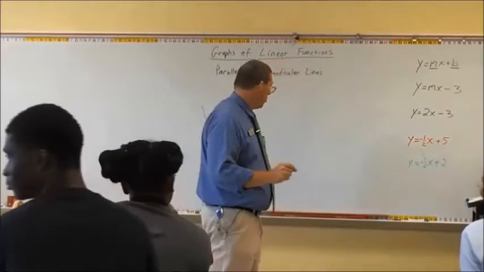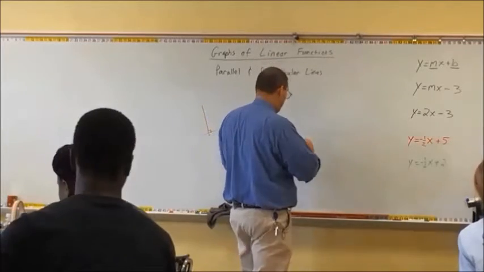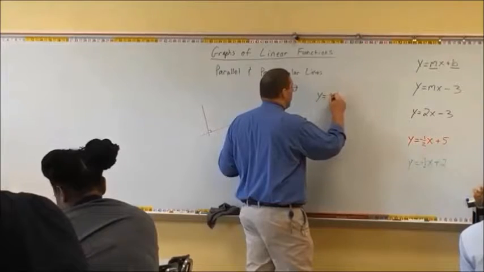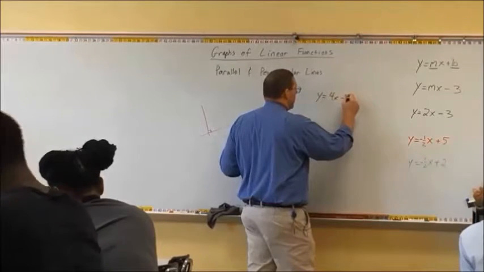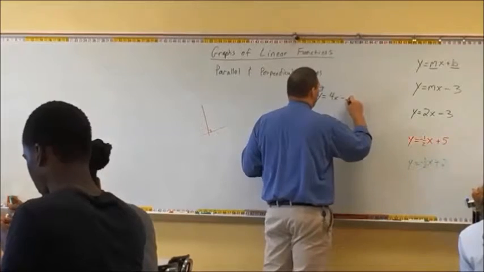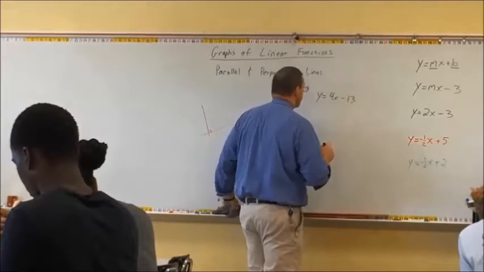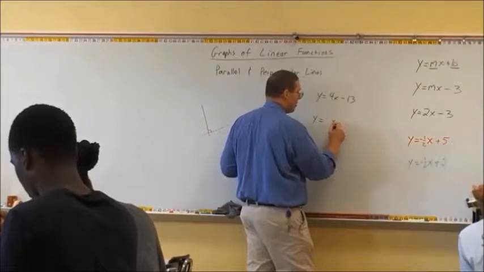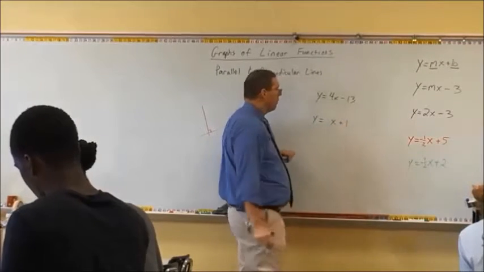Negative reciprocal slopes. So, if I had a line, let's say y equals 4x minus 12, or let's say 4x minus 13. Okay? And then I have another line, y equals something x plus 1.